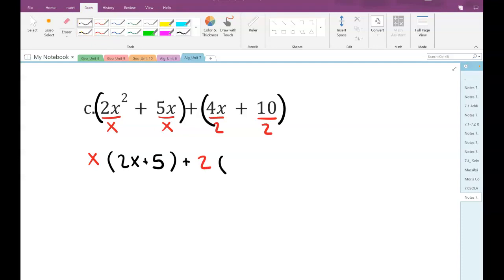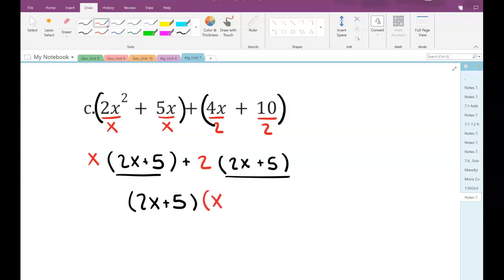Then we can check that it matches up. 4x divided by 2 is 2x. 10 divided by 2 is 5, so we have plus 5. So again, we have a pair that matches, and then we make another factor with our GCF. So you write 2x plus 5, and in parentheses, x plus 2.